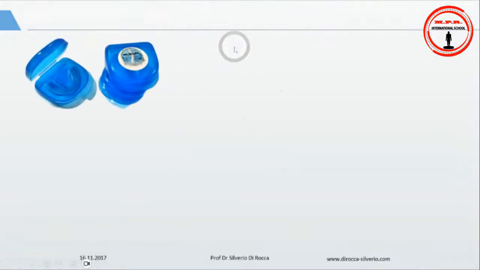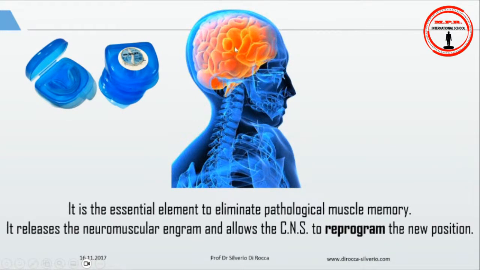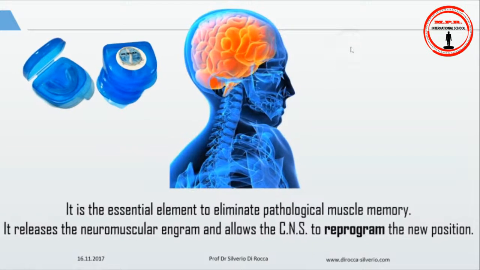Head-body equilibrium device. The body equilibrium device is an essential instrument, a thermoplastic instrument used during the night time to deprogram the central nervous system. That's the main thing to do.